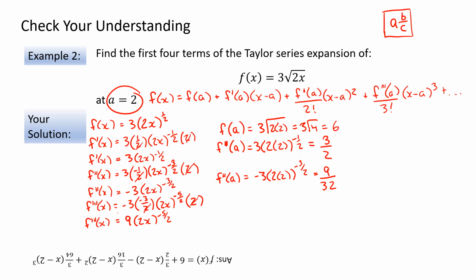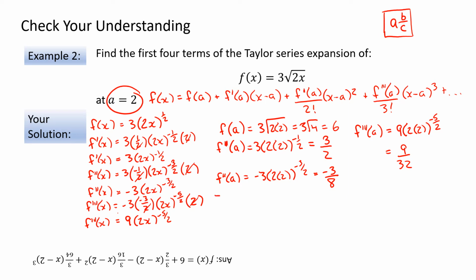Sorry, I looked at the wrong number on my sheet. Our third derivative, f triple prime of a, is equal to 9 times 2 times 2, in this case to the negative 5 over 2. And in this one, it comes out to 9 over 32. So again, sorry, I used the wrong number there.